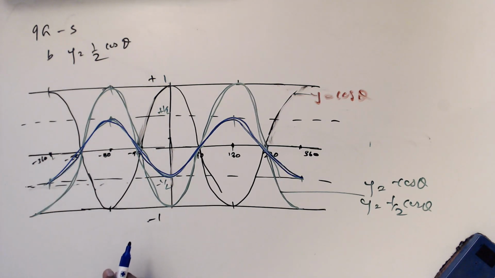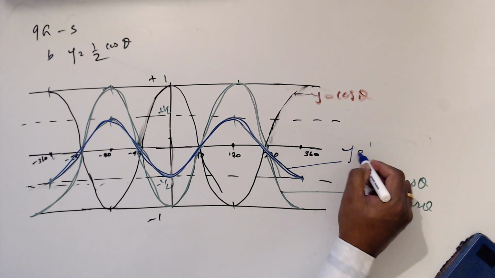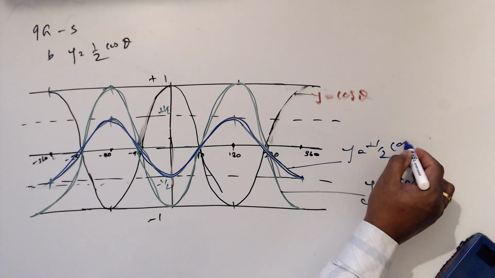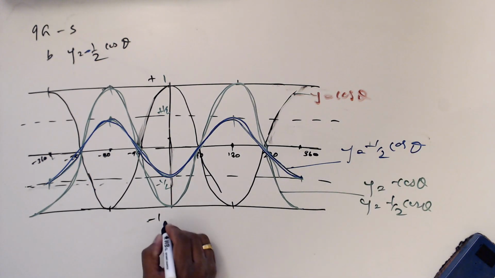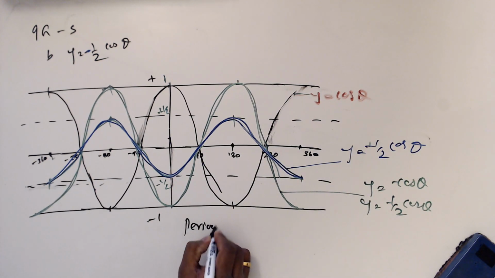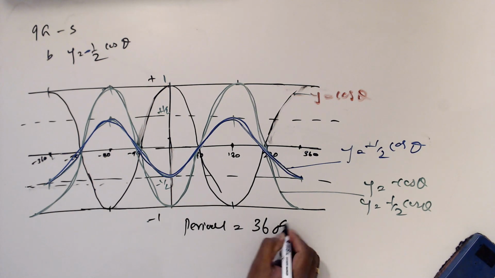Like this. So this is y equals minus half cos theta. The period is 360.